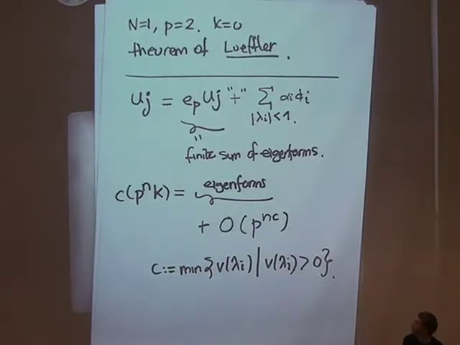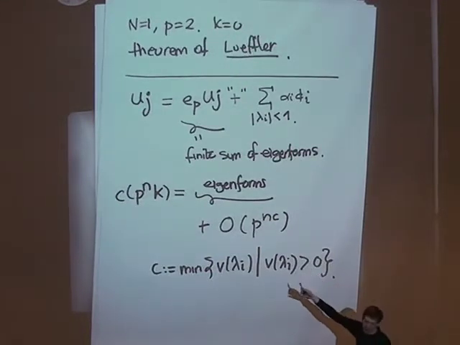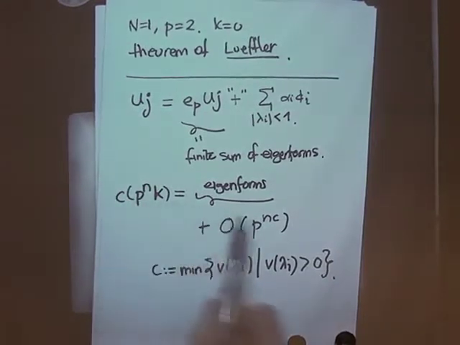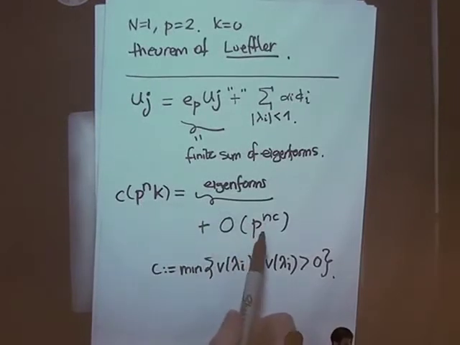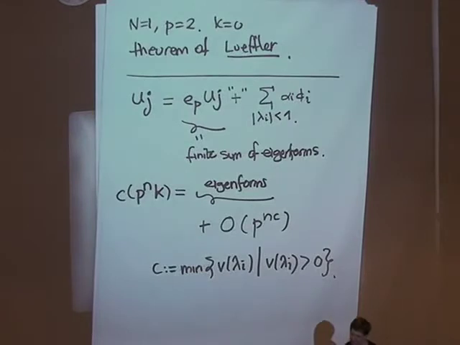And what you can do is compute a few examples, and what you'll find is that this c is just some number. It has to be rational, but it could be arbitrarily small. But if you compute it, I guess I haven't actually literally computed it myself, you will see that the error terms will look like O(p^n), rather than O(p^(nc)) for some small c.